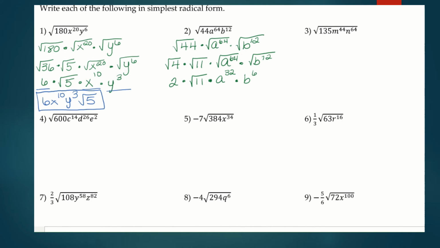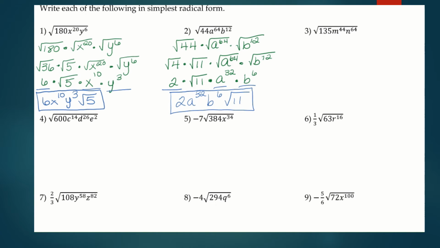B to the 6th. Now everything that is not underneath a square root gets written first. 2, a to the 32nd power, b to the 6th, and then followed by that square root of 11. We do like to make sure that when we're writing variables, we are writing them in alphabetical order. So a followed by b, x followed by y.